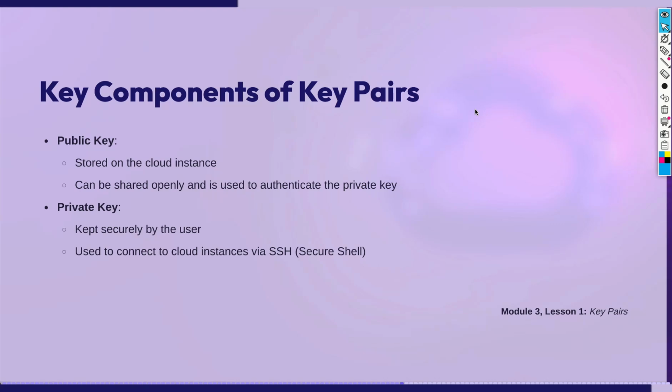It must be protected to prevent unauthorized access, so you must protect this private key, all right? Keep this secure as much as you can. When you connect to a cloud instance using SSH or Secure Shell, the server uses the public key to verify the authenticity of your private key. So this process ensures that only authorized users can access the system with all of the communication encrypted for added security.